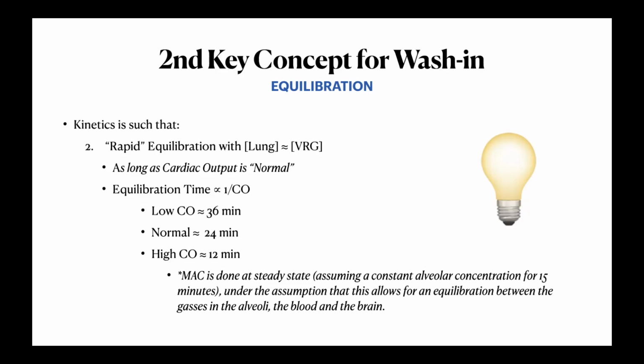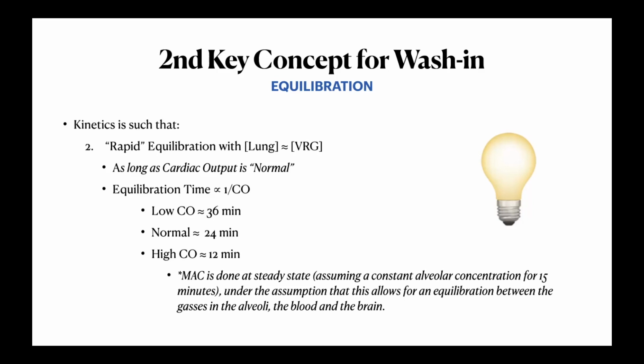And what you find is that the equilibration time between your lung and vessel rich group is inversely proportional to your cardiac output. And what I mean by that is that if you have a low cardiac output, the equilibration time is a lot longer. And if you have a high cardiac output, the equilibration time is a lot faster.